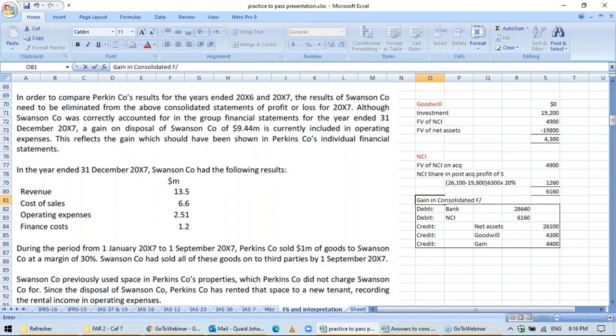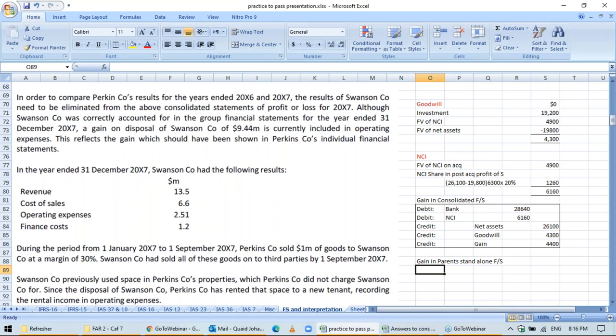Now, the parent will also be preparing its own individual financial statements. So let's look at the gain in the parent's standalone financial statements. In the parent's standalone financials, they won't be consolidating the assets of the subsidiary.